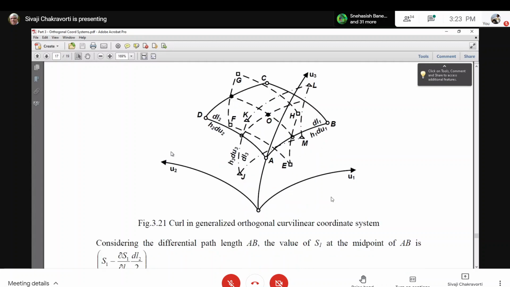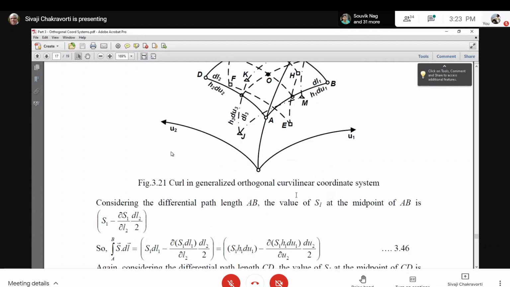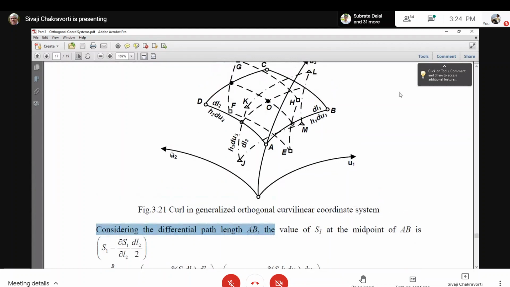Just the same concept as what we have done. So first let us take the differential path length AB. So here you can see AB. If I know this value at O, then the midpoint of AB is along the U2 direction and in the decreasing direction of U2. So this distance is dl2 by 2. So you can see here at the bottom, minus dl2 by 2.